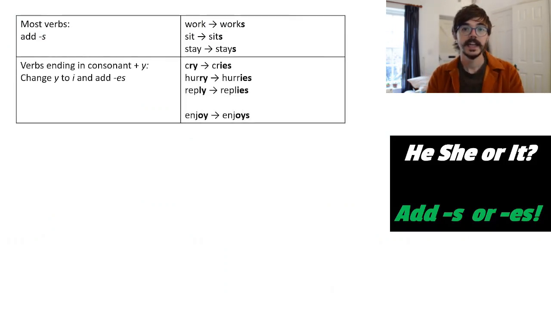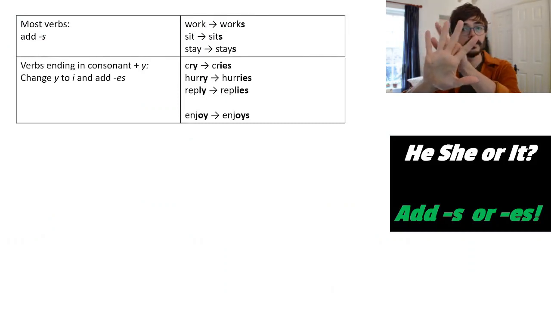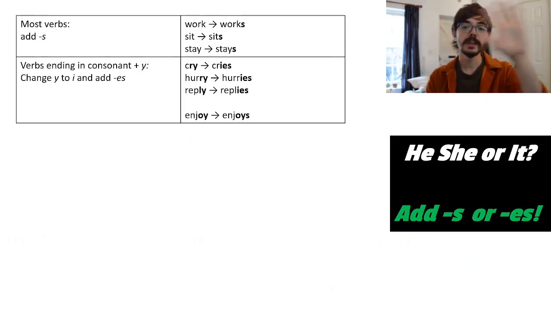But if a verb ends with a consonant and a y, what's a consonant? All the letters in the alphabet are either vowels or consonants. There are 5 vowels: A, E, I, O, U. All the other letters are consonants.